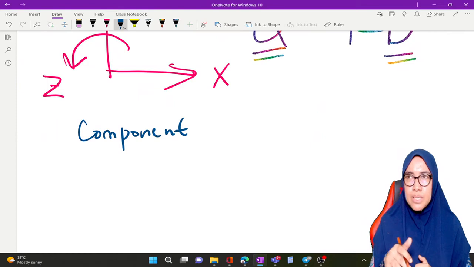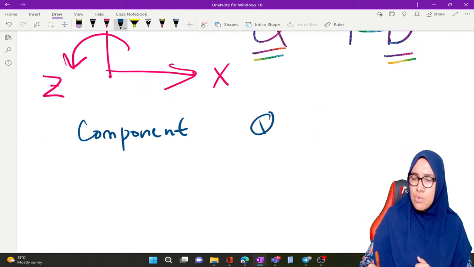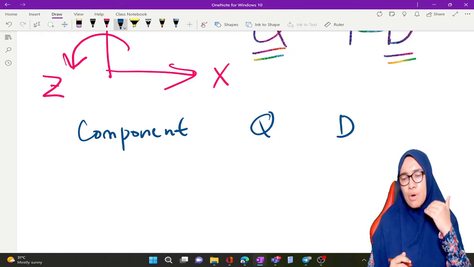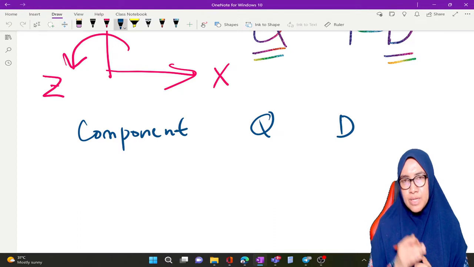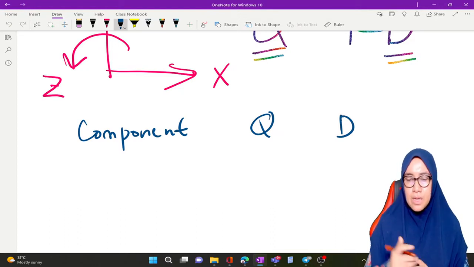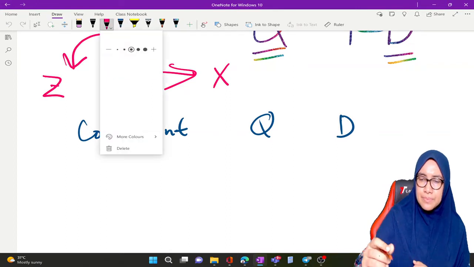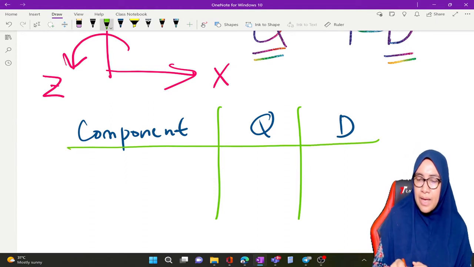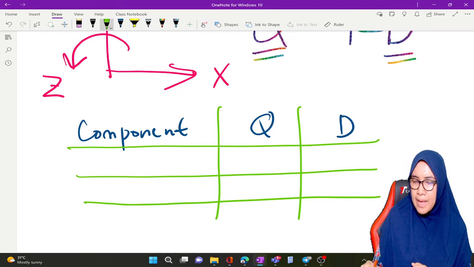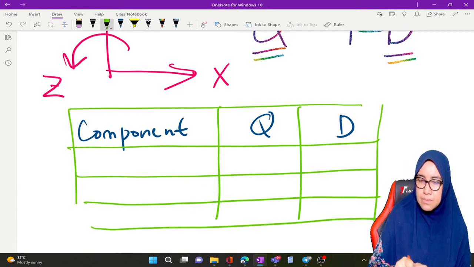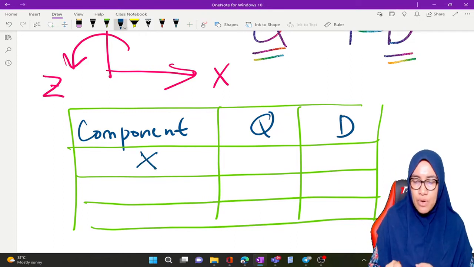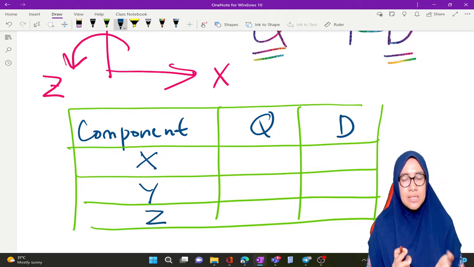Q is forces, D is displacement, and we have component X, component Y, and component Z.